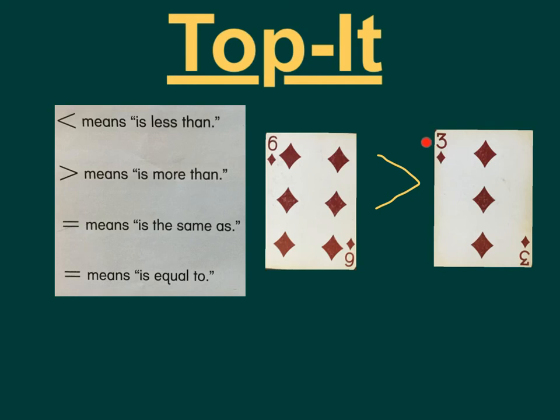Well, this symbol reminds me of that alligator. Its mouth is open wide to eat that greater number. So I know that this symbol means more than. Now I'm going to read that sentence. 6 is greater than, or more than, 3. Because I played the 6, I'm going to keep both cards.